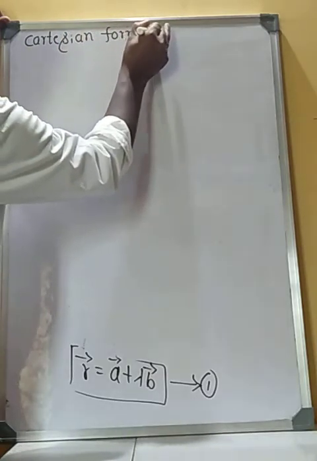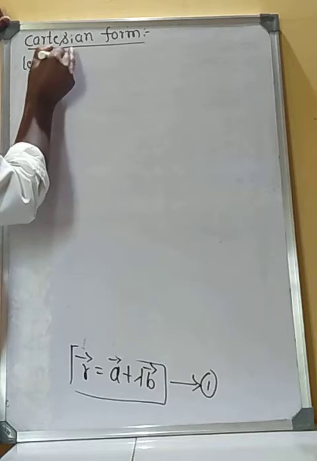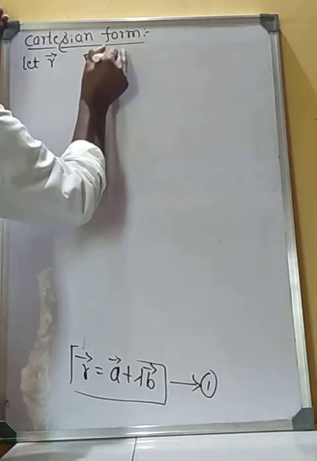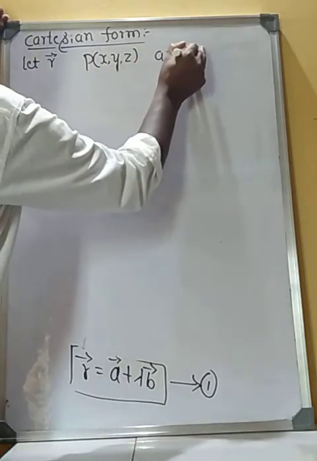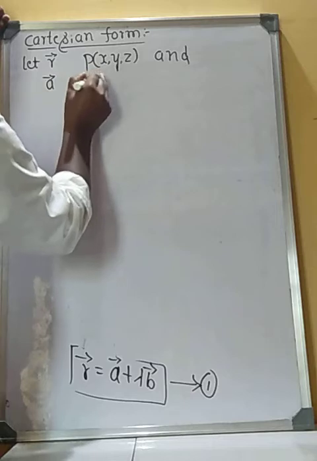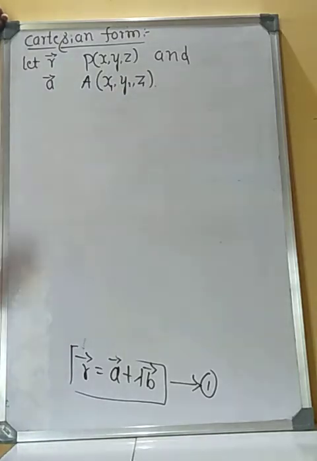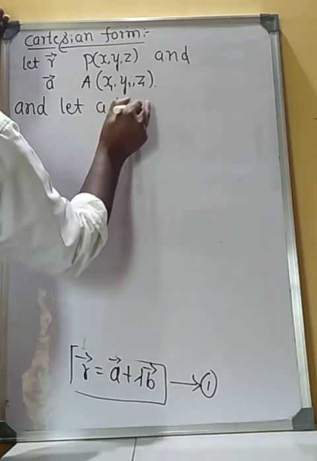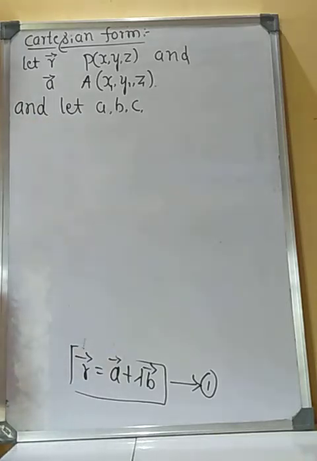Let vector R be the position vector of the point P (x, y, z), and vector A be the position vector of the point A (x1, y1, z1), and let a, b, c be the direction ratios of the line.